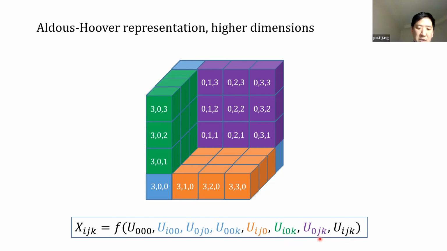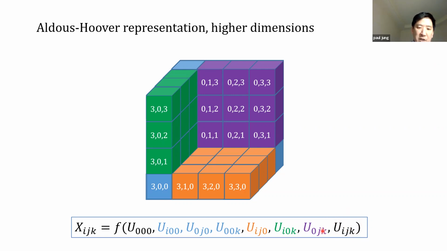Here, this will control a row that comes out of one of these purple boxes. This uniform will control a row that comes out of these green boxes, and this orange would control a column that projects out of one of these orange boxes. And then once we see where this height, width, and depth meet up, we have a particular U_ijk, and this will give us the actual randomness for the random variable there.